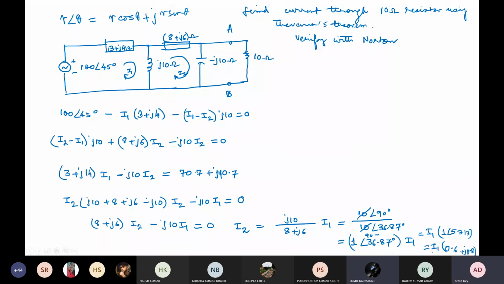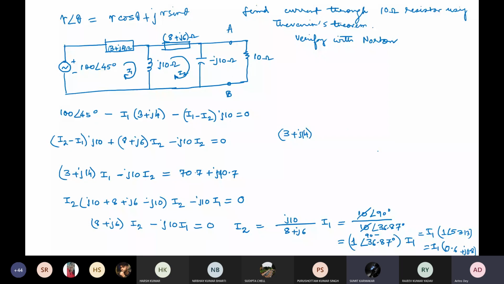So once you know I2 equal to I1 into this, you can substitute in this expression. So 3 plus j14, and I1, I2 is equal to I1, na? That is what we have written. I should have written it the other way around actually, so I1 in terms of I2. Anyway, let us do it once we have done it.